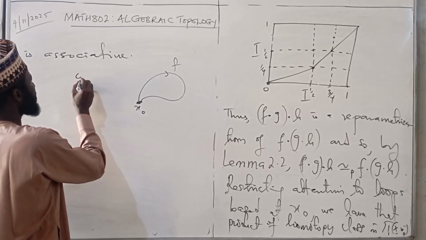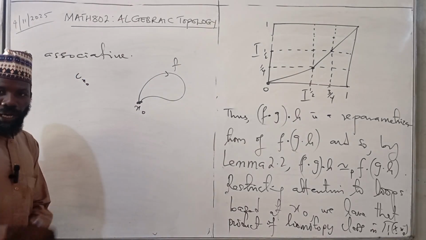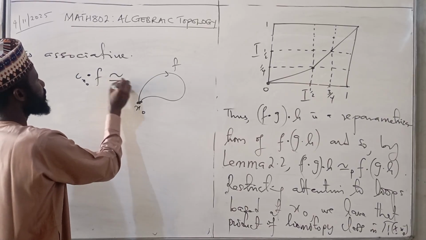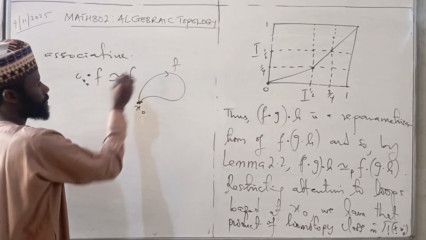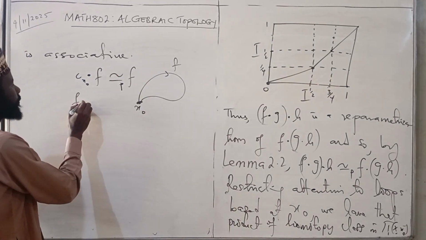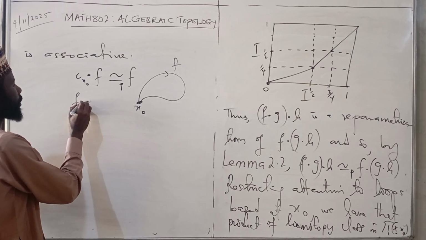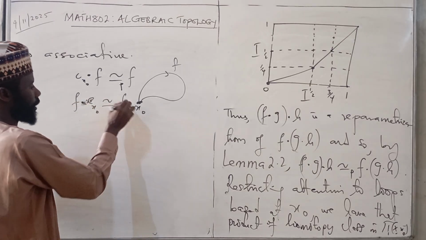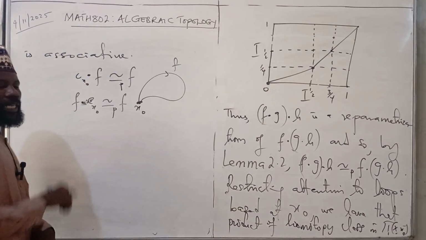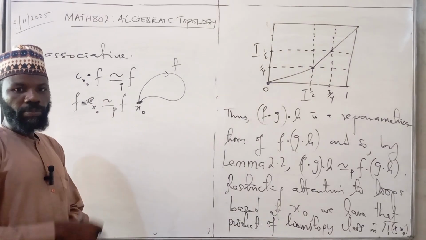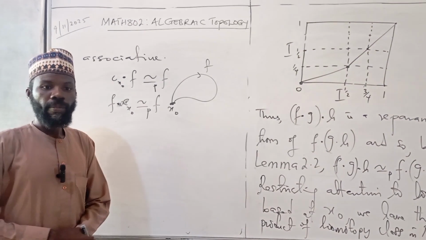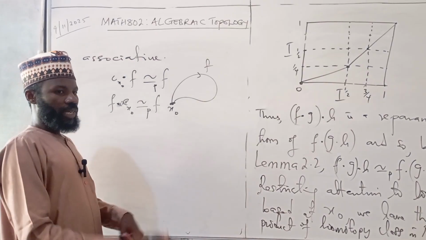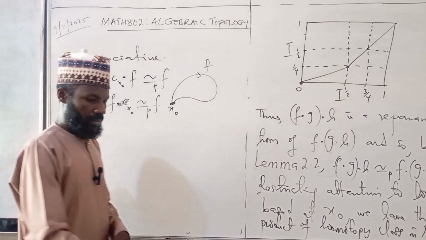So if you denote by c x naught the constant path that stays there, then f dot c x naught will still be homotopic to f. That will be our candidate. The constant path at that particular point will be our candidate for the identity.